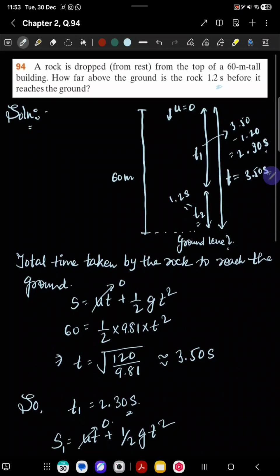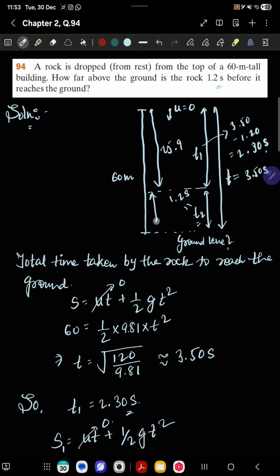So this 25.9 meters is the distance it has moved till this position. From here to here it is 25.9, and we need to calculate how far above the ground it is, so we need to find this distance.